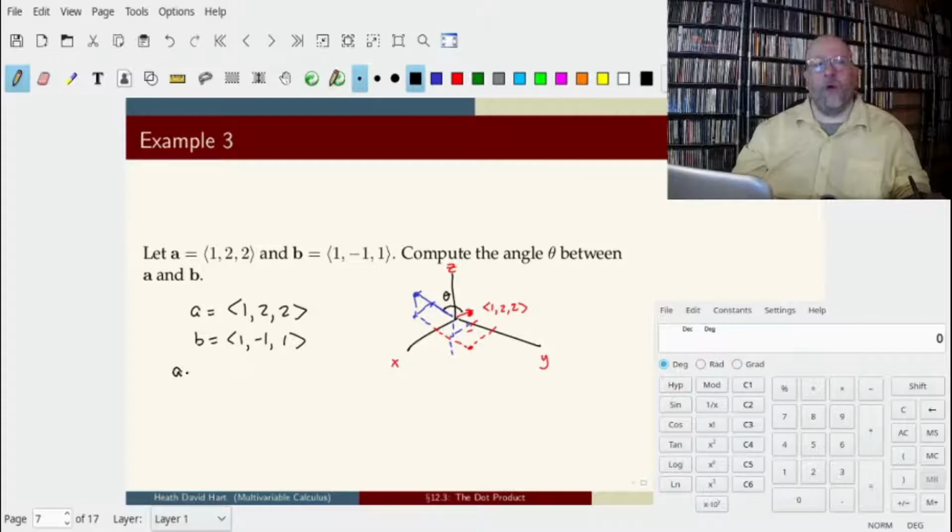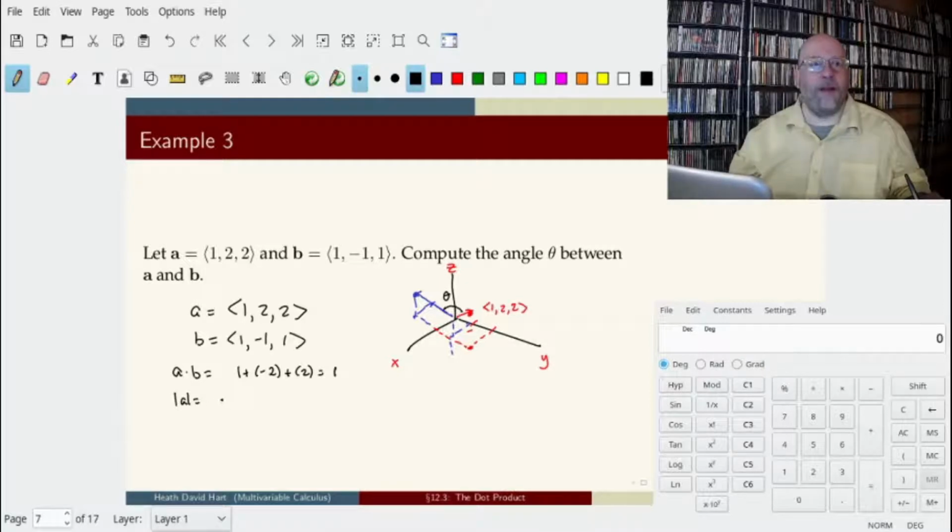Well, we know what the dot product is. The dot product of A and B is we multiply the 1's together, then we multiply the 2 and the negative 1, and then we multiply the 2 and the positive 1. And 1 and negative 2 and positive 2 is 1. Then we calculate the magnitude of the two vectors.